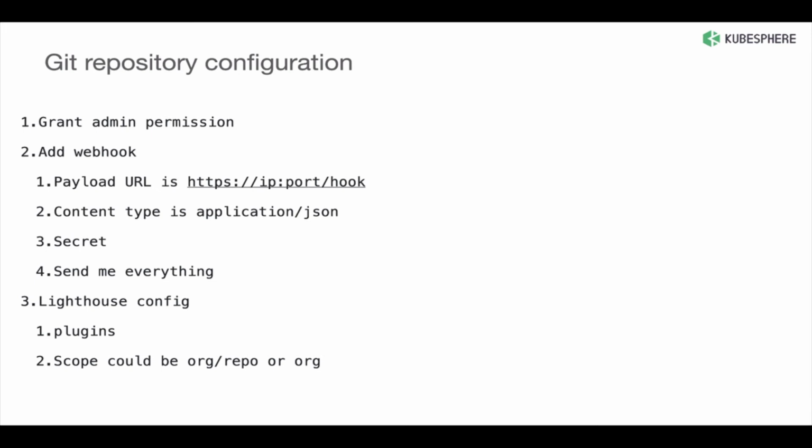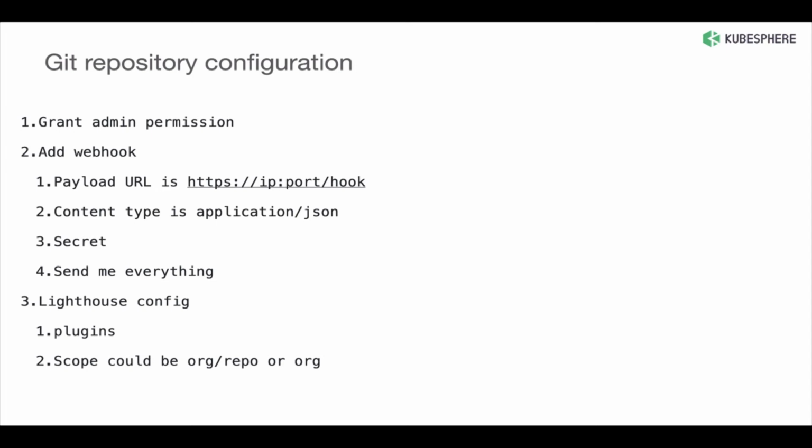Content type is application/JSON. The secret is optional, but I highly recommend you have it. Then, please check send me everything, for example on GitHub, so it will send all kinds of events to your Lighthouse.